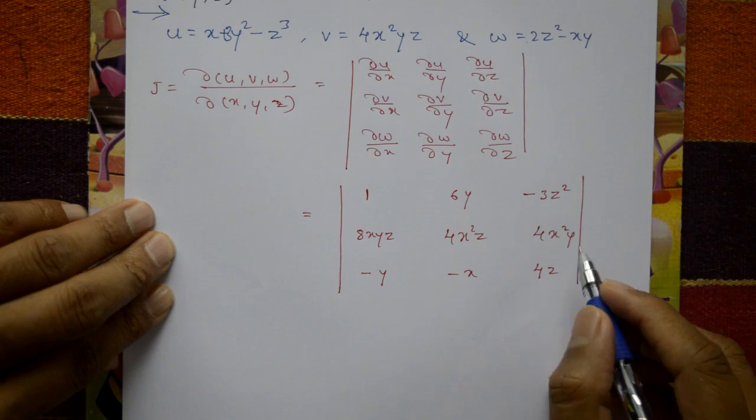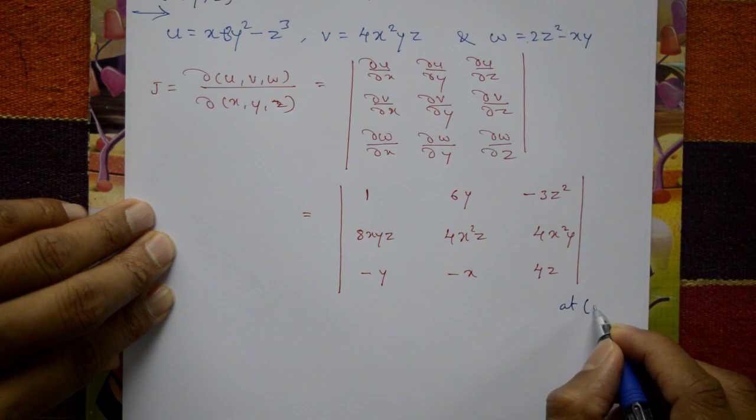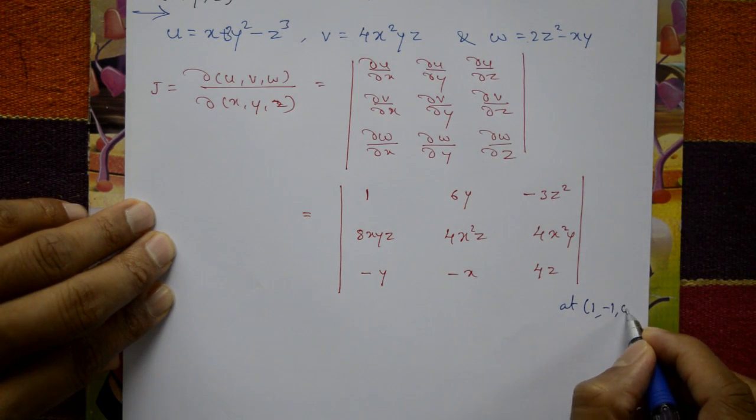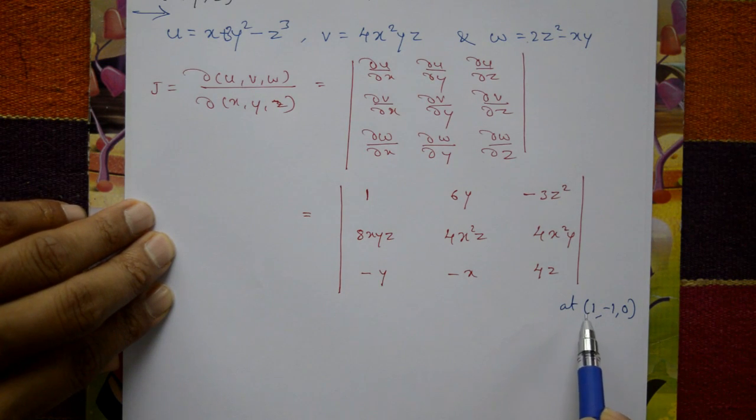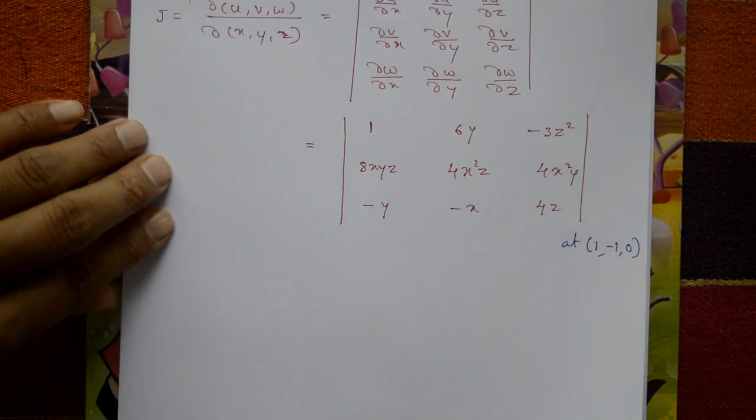Now at the point given, 1, minus 1, 0, means x is 1, y is minus 1, z is 0.